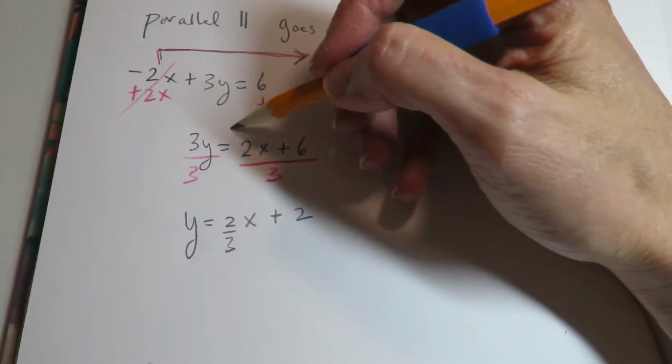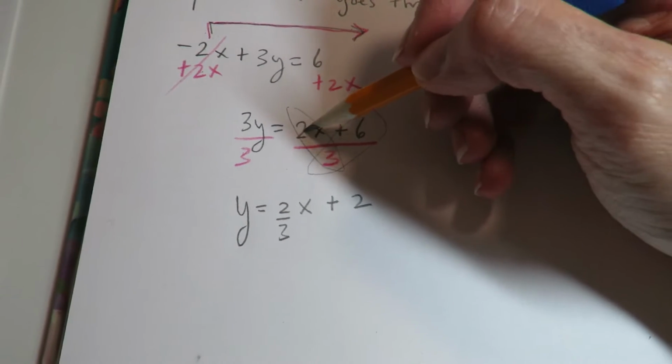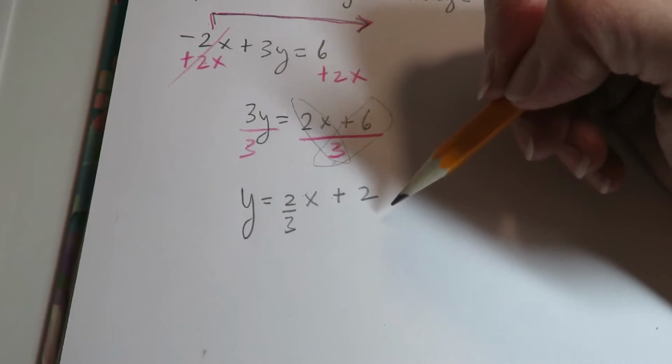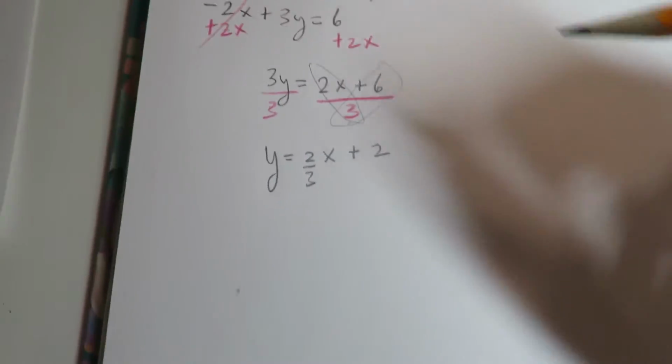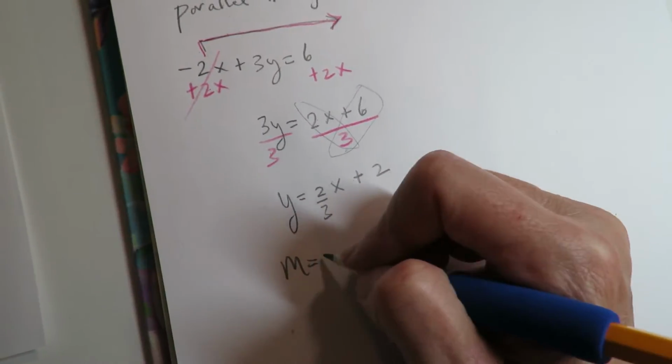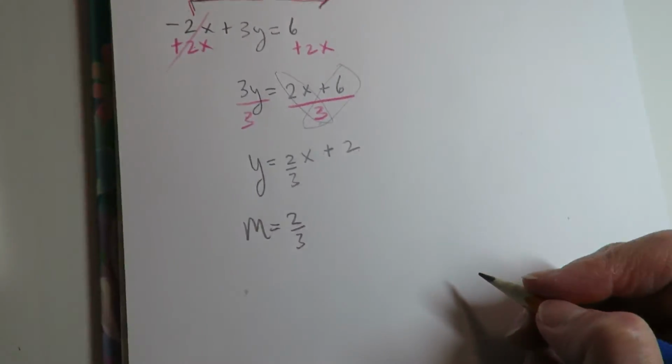So over here, when you divide by the 3, it's going to go to both. So 2 over 3x and 6 over 3 is going to reduce to a 2. All right, so that tells me that my slope is 2/3.